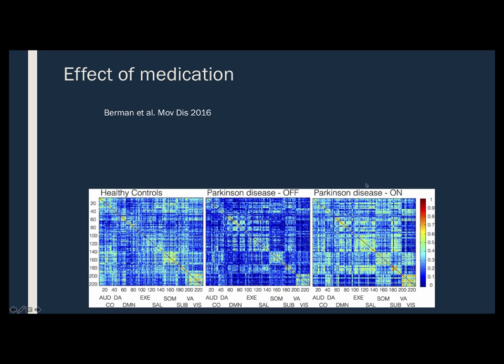And when we get on medication, you have probably even more differences than off medication. So while we are correcting some of the networks, the medication is still affecting other networks. And this is something that we're seeing in our data on and off.